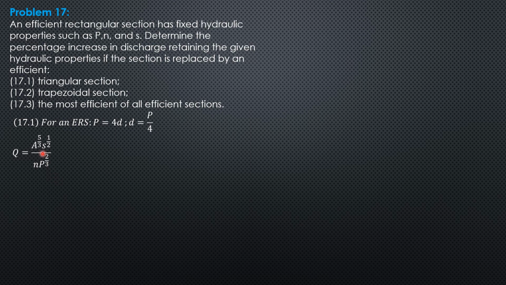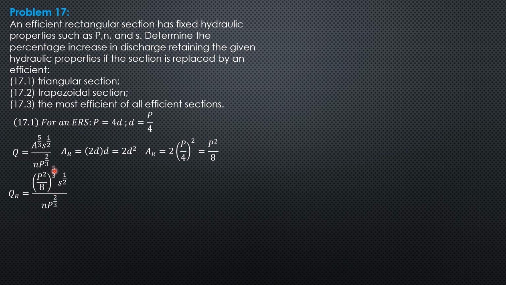The area of the efficient rectangular section is base 2D times D, so 2D square. Remember that? And replacing the value of D in terms of perimeter, which is 2 times perimeter over 4 quantity square, so it is perimeter square over 8. So substitute into the formula, Q of an efficient rectangular section is perimeter square over 8 to the 5/3, S to the 1/2 over N, perimeter to the 2/3.